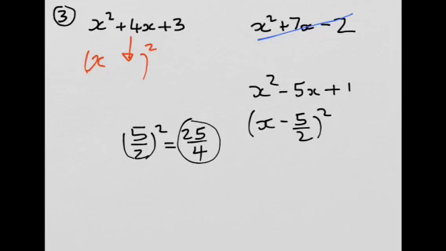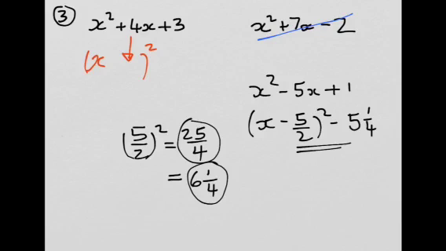So I'm at 25 over 4. I need to get back to positive 1. How do I do that? Well, if you think about what 25 over 4 actually is, it's actually 6 1/4. So how do I get from 6 1/4 back to 1? By taking off 5 1/4. So if you do something similar for this question, you should have the answer.